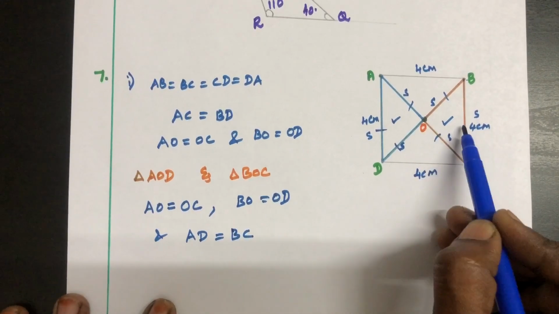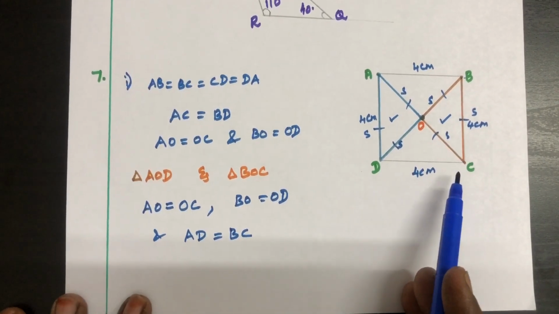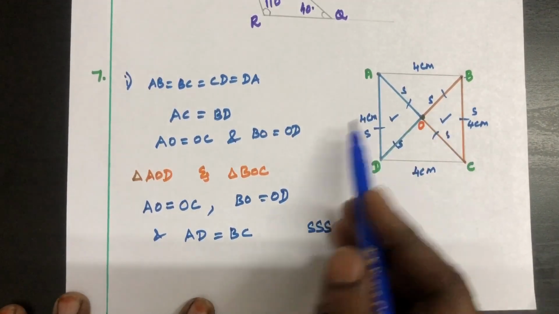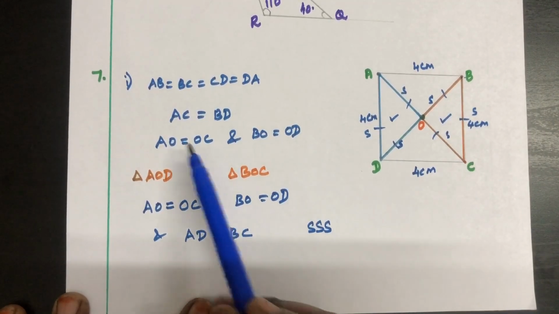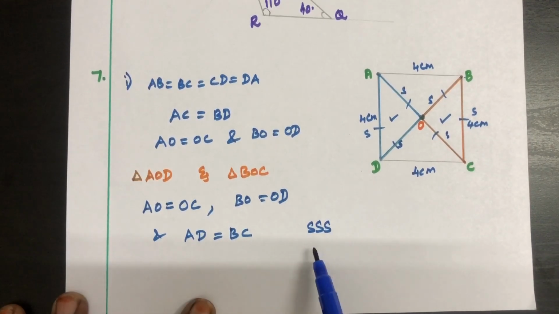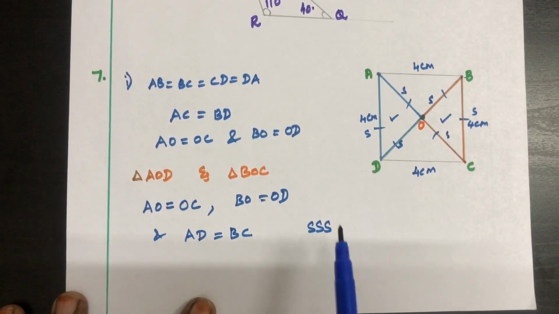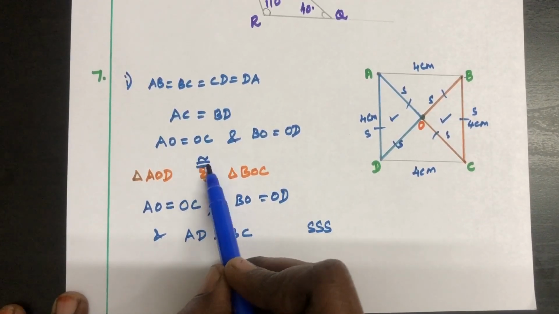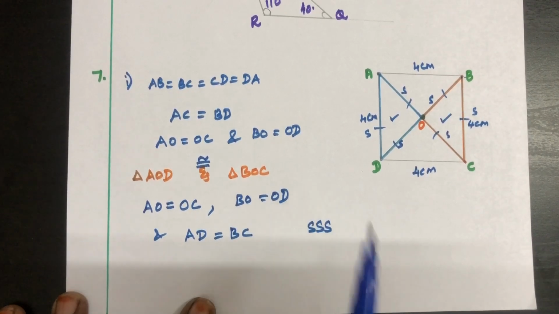By the SSS congruence criterion, we can say these triangles are congruent. So we have shown our first subdivision of the seventh question: triangle AOD is congruent to triangle BOC.